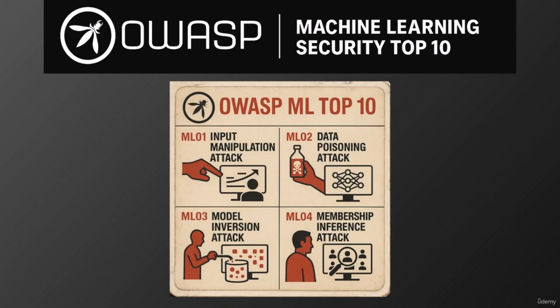These include input manipulation attacks, ML01, where adversaries alter inputs to produce incorrect model outputs, and data poisoning attacks, ML02, in which harmful data is injected into training sets, degrading performance, or creating hidden backdoors. Model inversion attacks, ML03, aim to reconstruct sensitive input data from model outputs, while membership inference attacks, ML04, allow attackers to determine whether specific data was used during training.